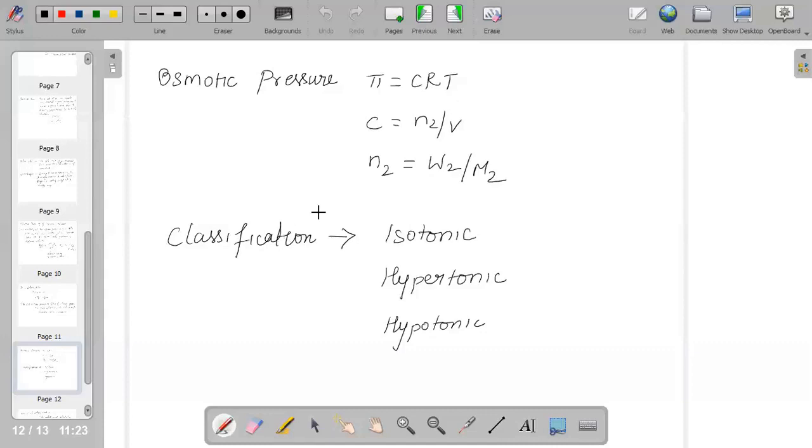If I classify the solution based on osmotic pressure, it is categorized as isotonic, hypertonic, and hypotonic. Isotonic means two solutions possessing the same osmotic pressure at a given temperature. I repeat, two solutions possessing the same osmotic pressure at a given temperature, we call isotonic.